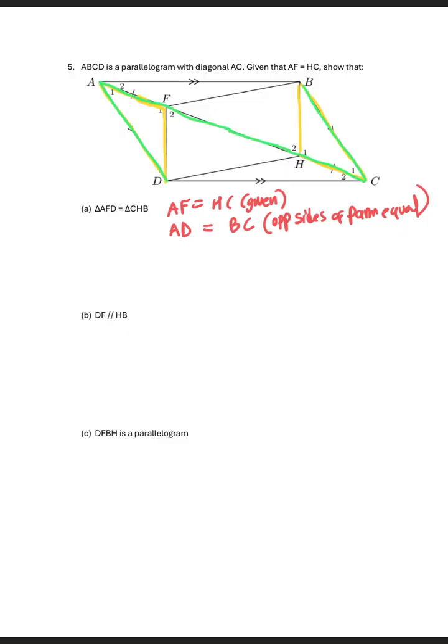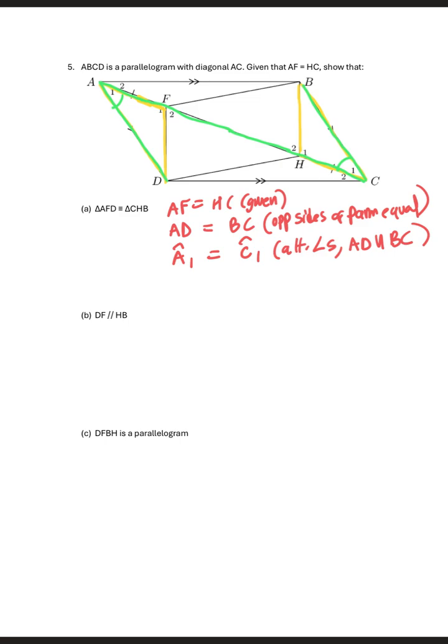And then we know that AD is parallel to BC because it's a parallelogram and we are given that. So angle A1 and angle C1 are alternate angles and they are equal because they are formed by parallel lines. So we can conclude that angle A1 is equal to angle C1, alternate angles, because AD is parallel to BC.